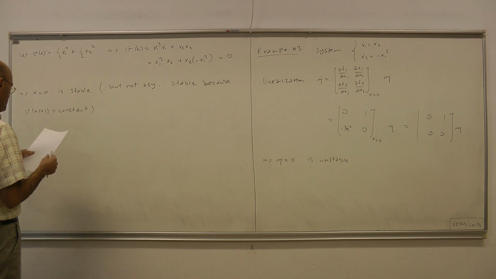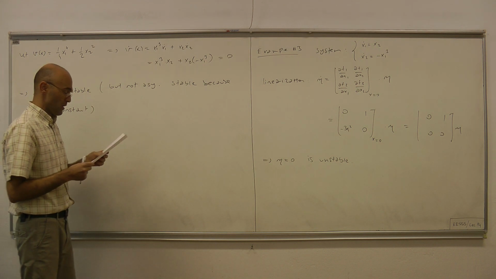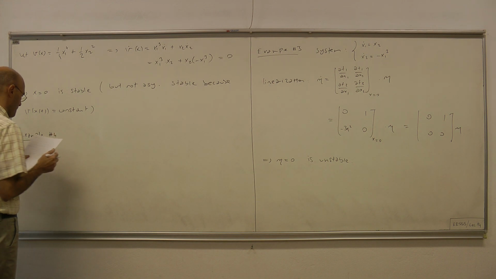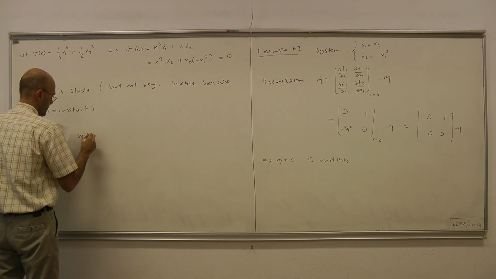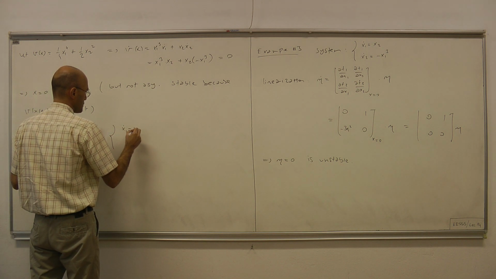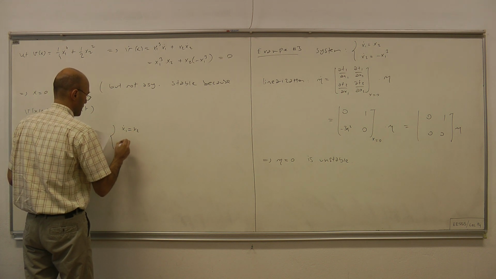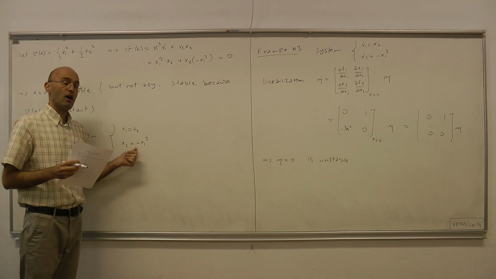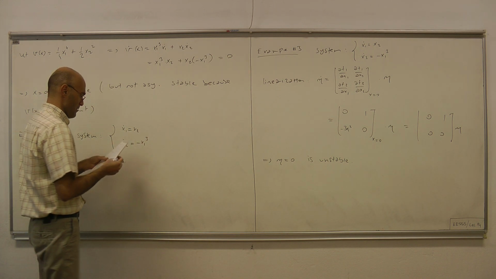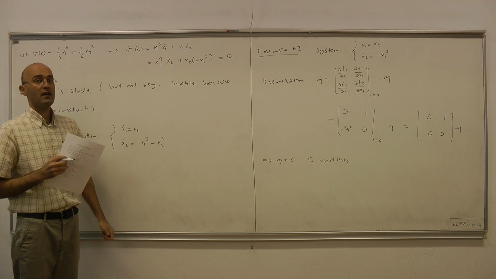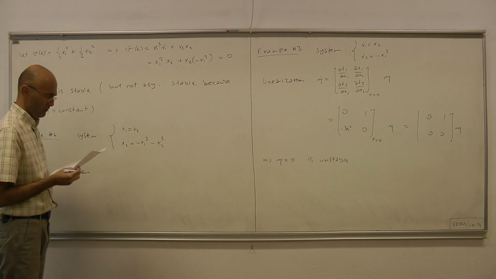And in our last example, let's modify our third example, example 4. x1 dot equals x2, x2 dot equals minus x1 cubed, a harmonic oscillator with nonlinear friction or nonlinear damping.